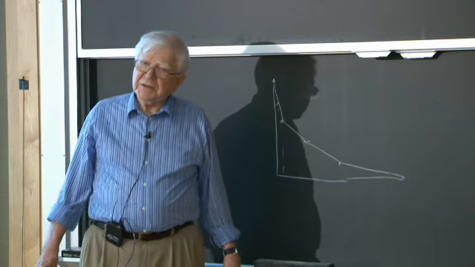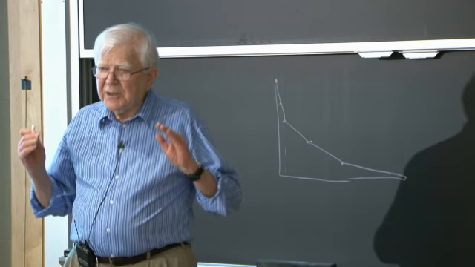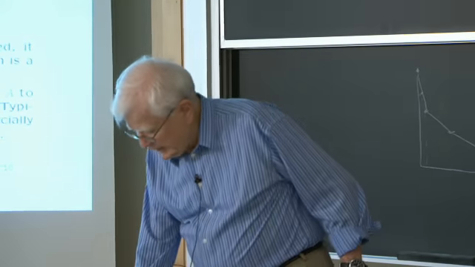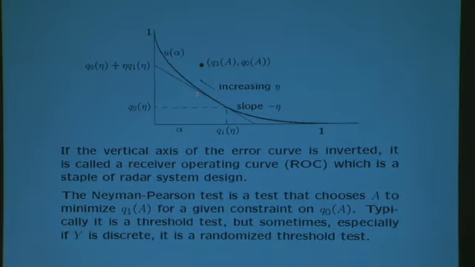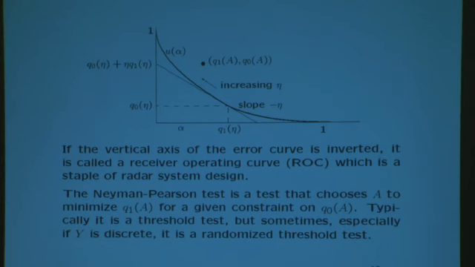So what this says is the Neyman-Pearson test, which is the test that says pick some alpha, which is the error probability under hypothesis 1 that you're willing to tolerate. So you pick alpha, and then it says minimize the error probability of the other kind. So you read over there, and the Neyman-Pearson test minimizes the error probability under the other hypothesis.